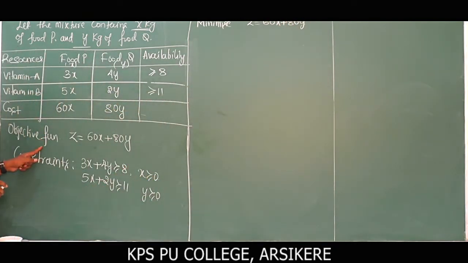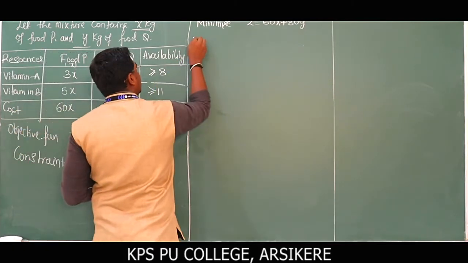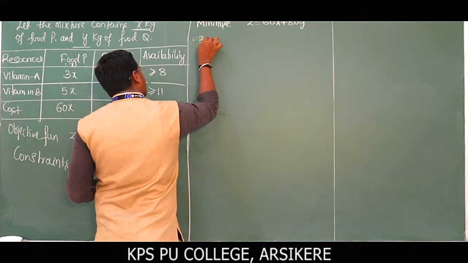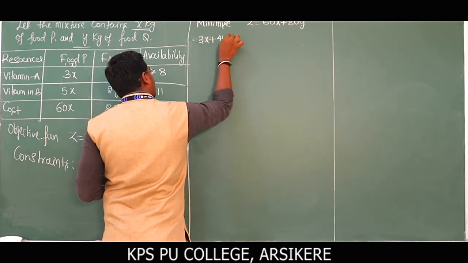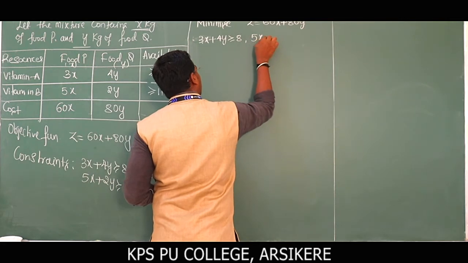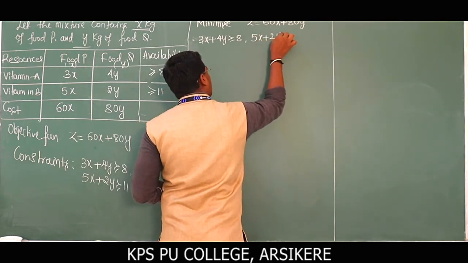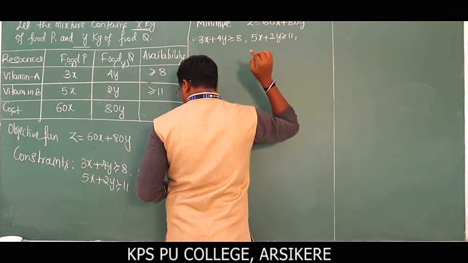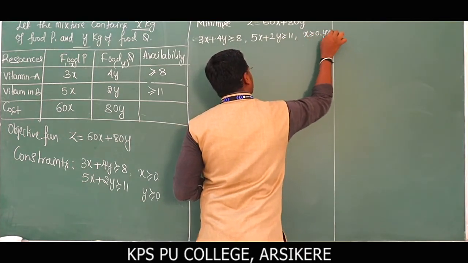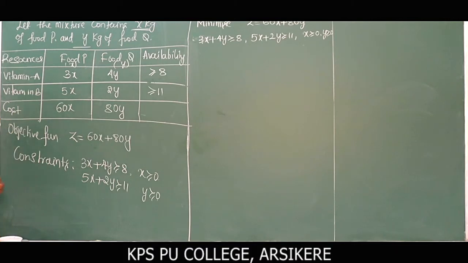What are the constraints here? First write the constraints. 3x plus 4y greater than or equal to 8, and the second one, 5x plus 2y greater than or equal to 11, x greater than or equal to 0, y greater than or equal to 0. Now solve these inequalities.